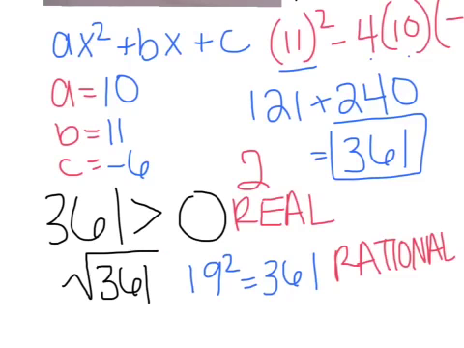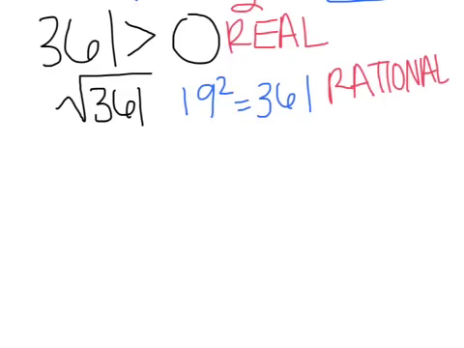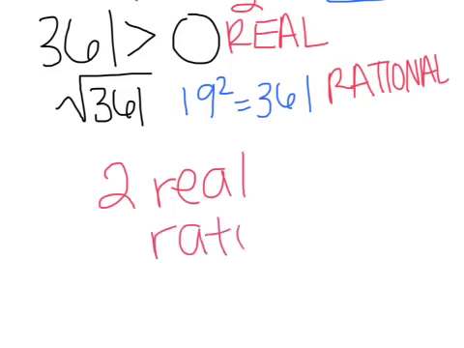If it was equal to 0, you would have 1 because the graph would just barely touch the x-axis. So now we use the discriminant and we determined that this problem has 2 real rational roots.